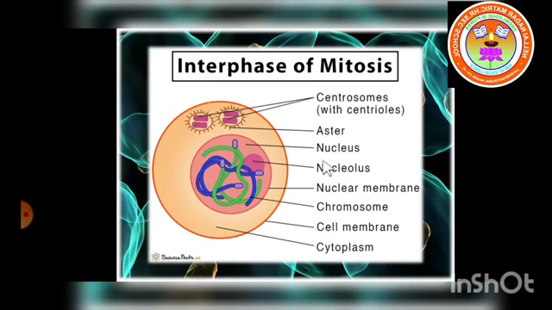So what is interphase, children? It is a resting phase of the nucleus. It is a gap between two successive cell divisions. The cell prepares itself for its next cell division.